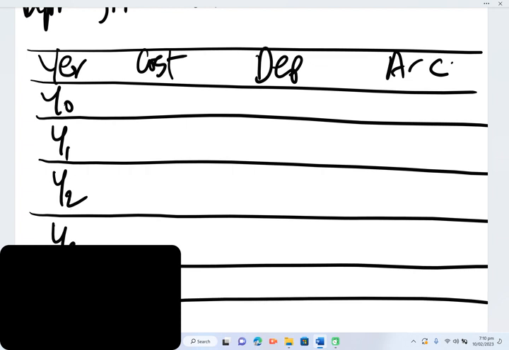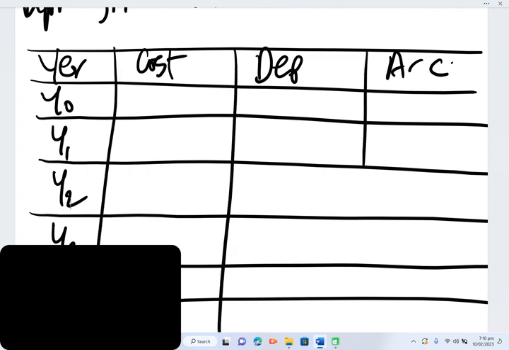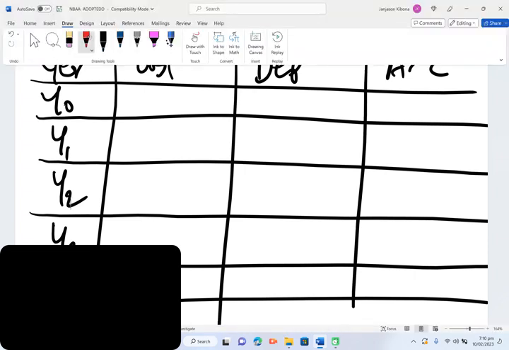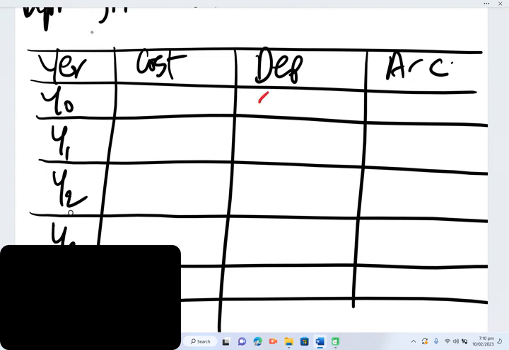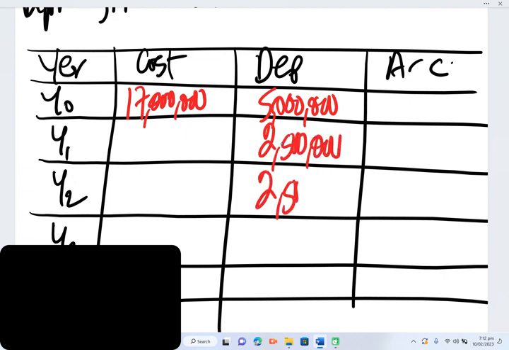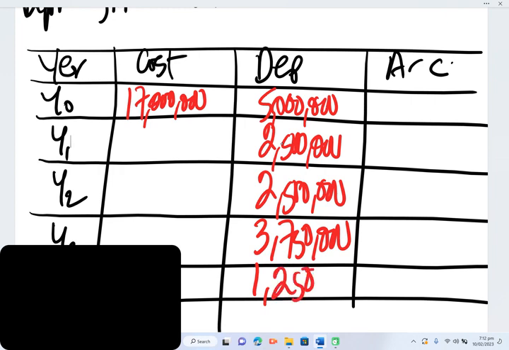Kwa hiyo na 17 tutachora haya. Kwa na 17 depreciation hapo ilikuwa ni ngapi? 5. Depreciation is 5. Inafuata ngapi?